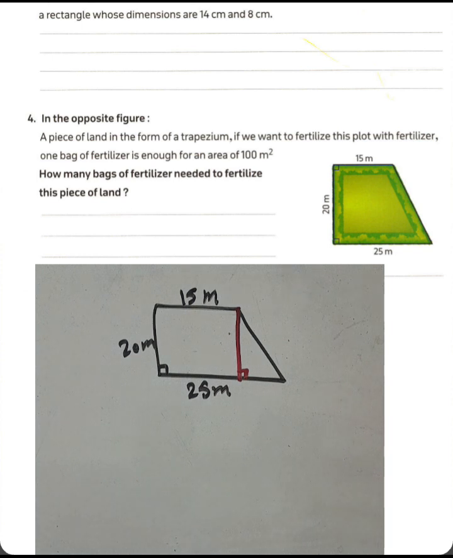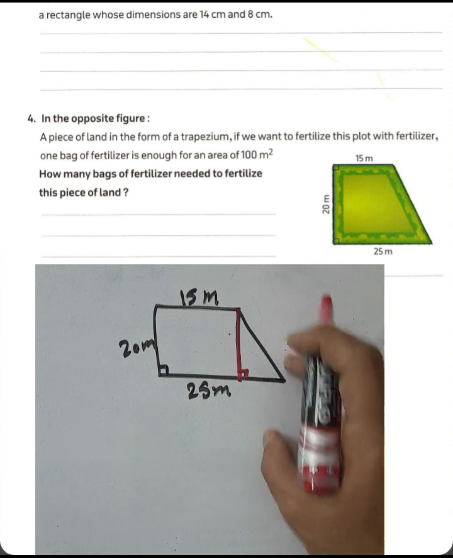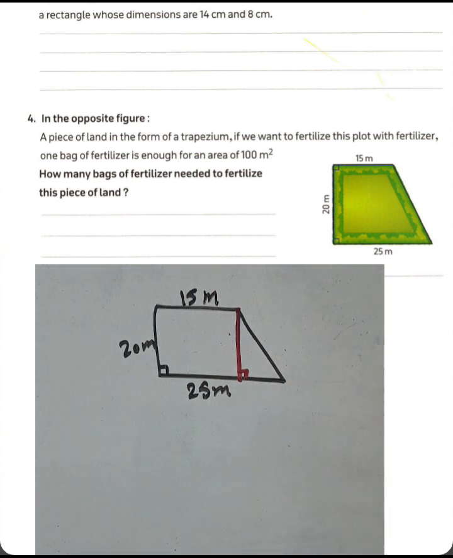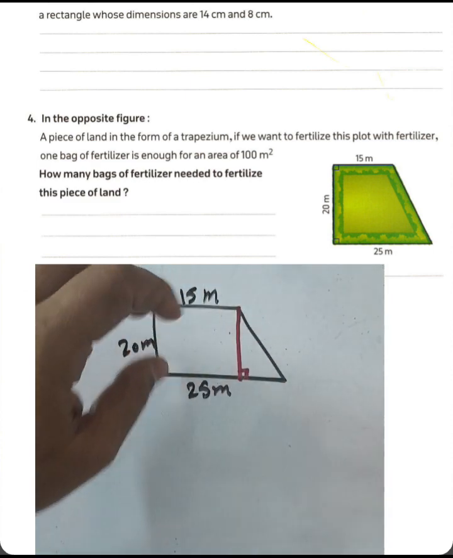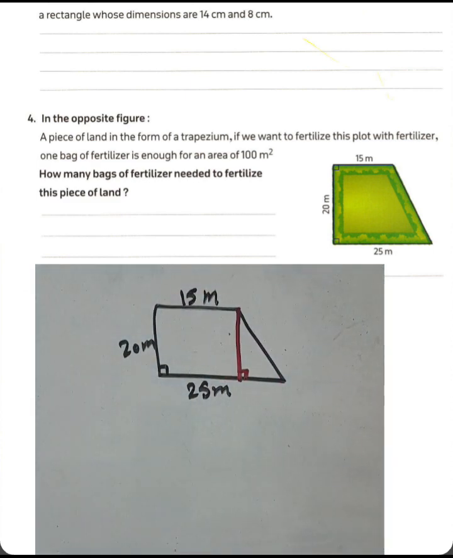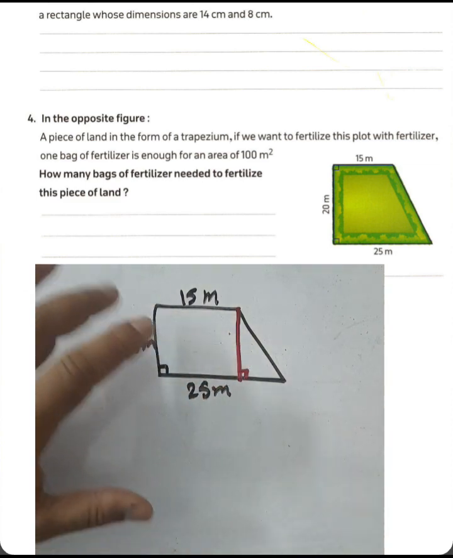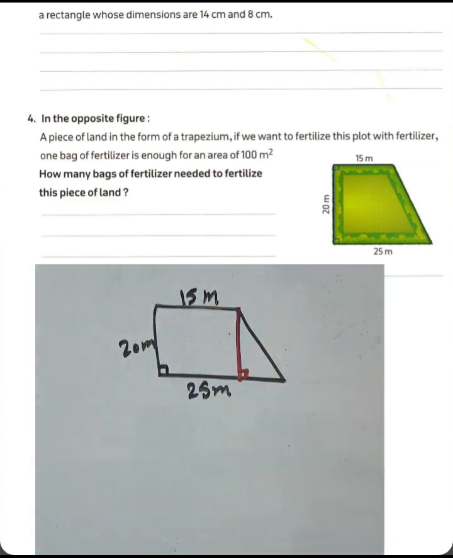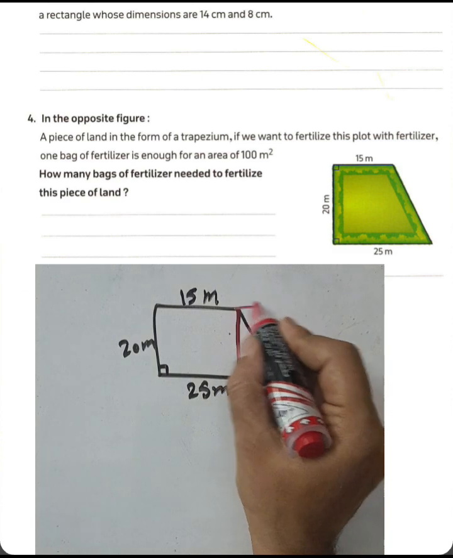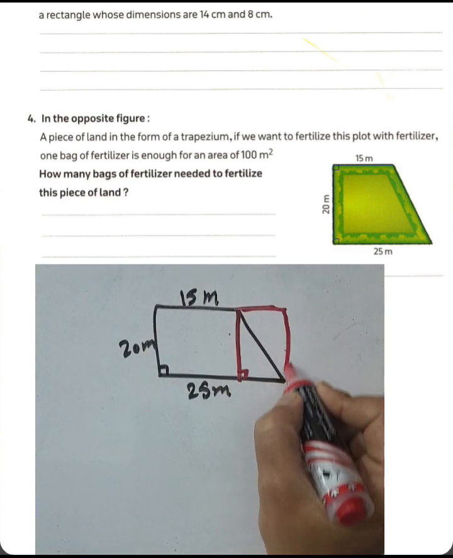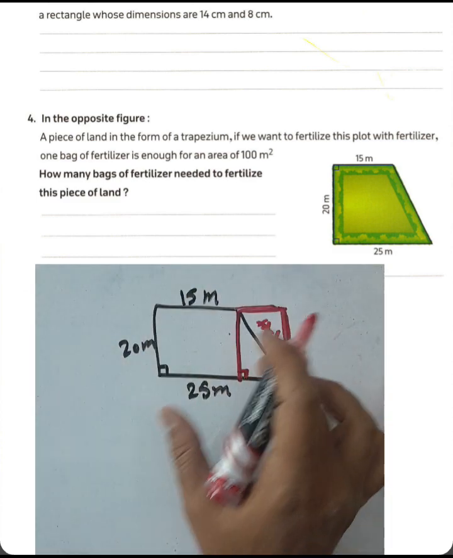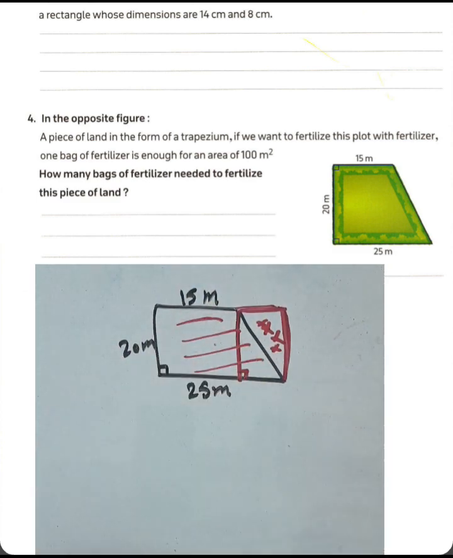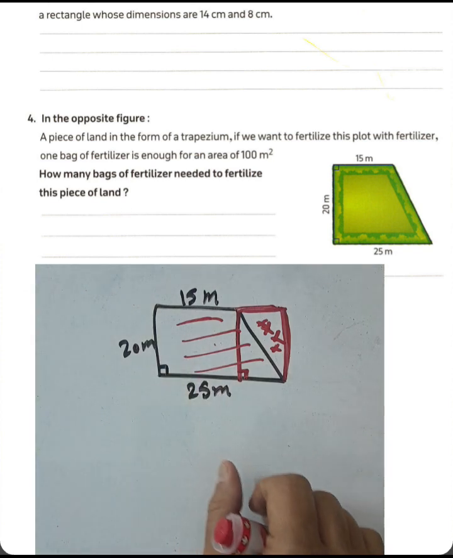Or you can complete this figure to a rectangle, find the area of this triangle, and subtract the area of this triangle from the rectangle to find the area of the trapezium.